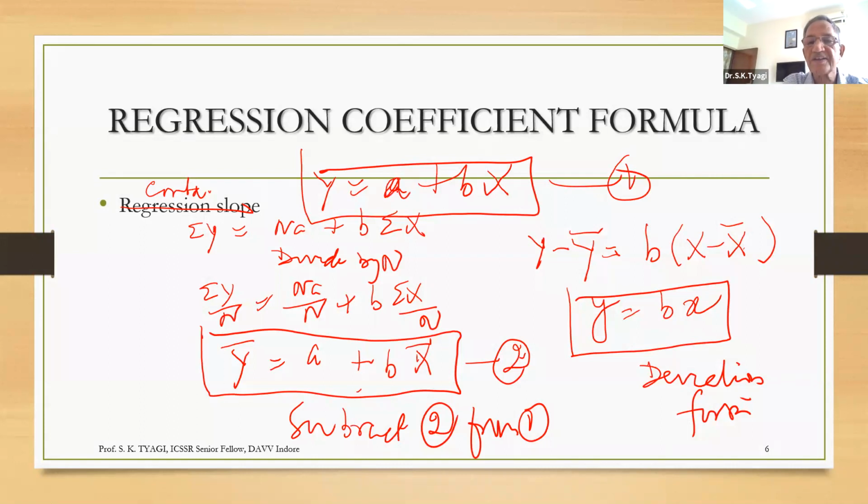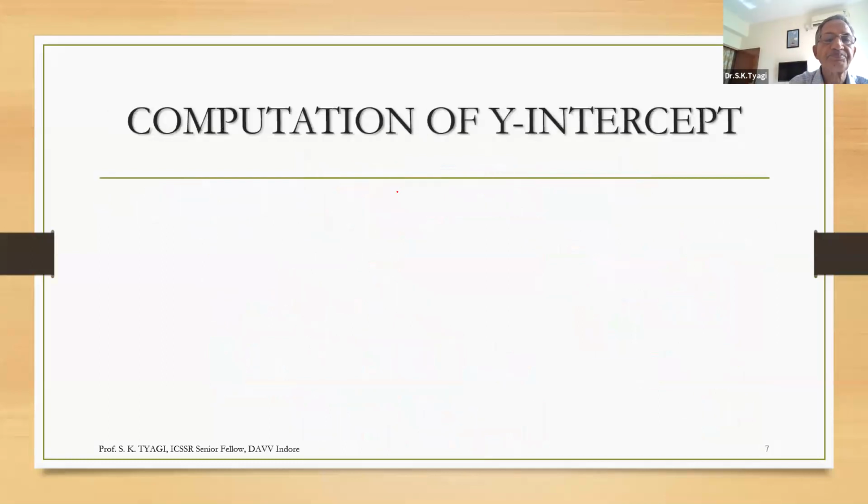So basically these are the two equations: the equation in score form and the equation in deviation form. Now, in order to find the regression equation, we must know two things, a and b. Find out a, find out b, and you will get the regression equation.